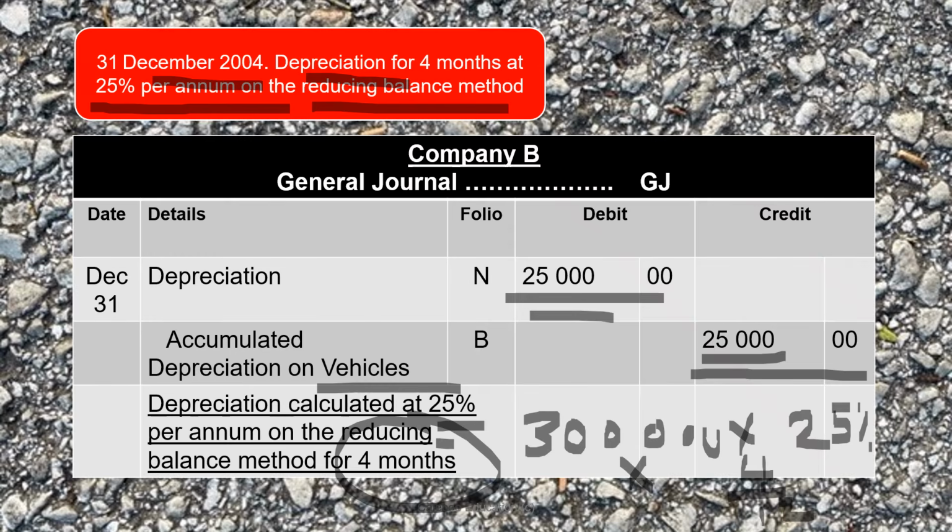Just for the record, in the first year that you depreciate an asset, the straight line method and the diminishing balance method or reducing balance method will be the same. It's only in the second year of depreciation where there will be a difference between straight line and diminishing balance method.